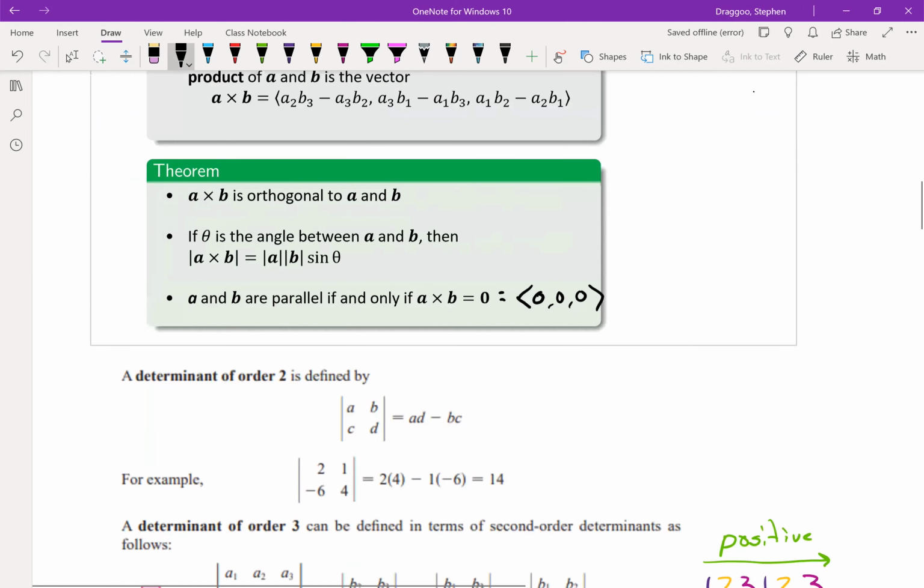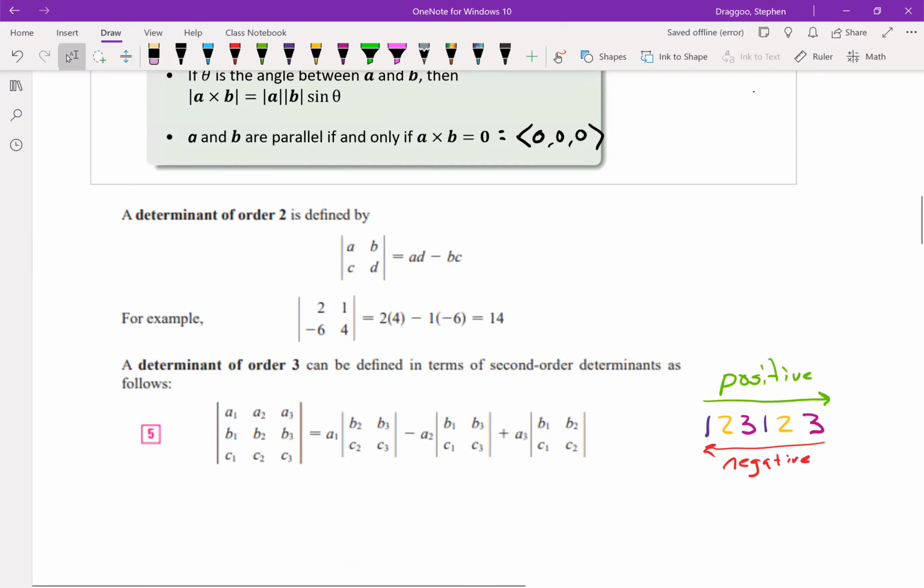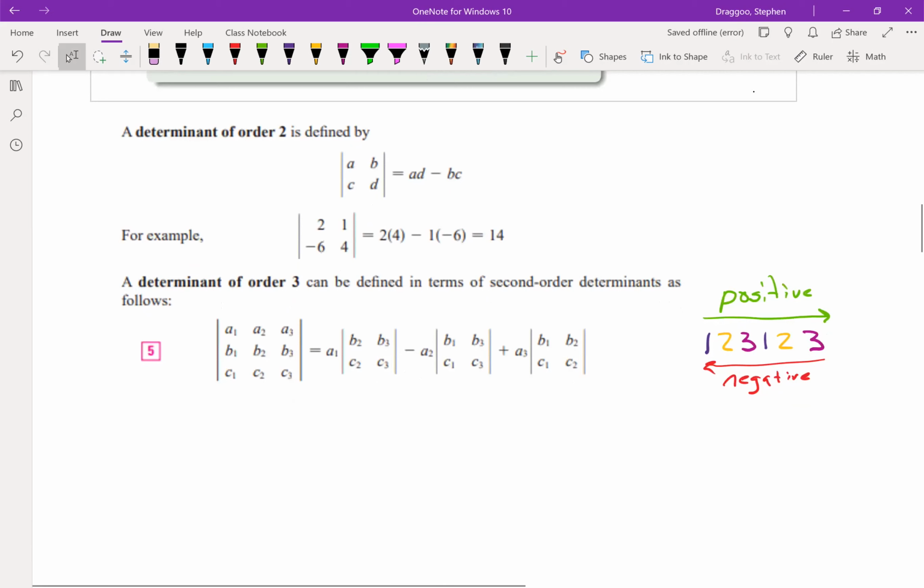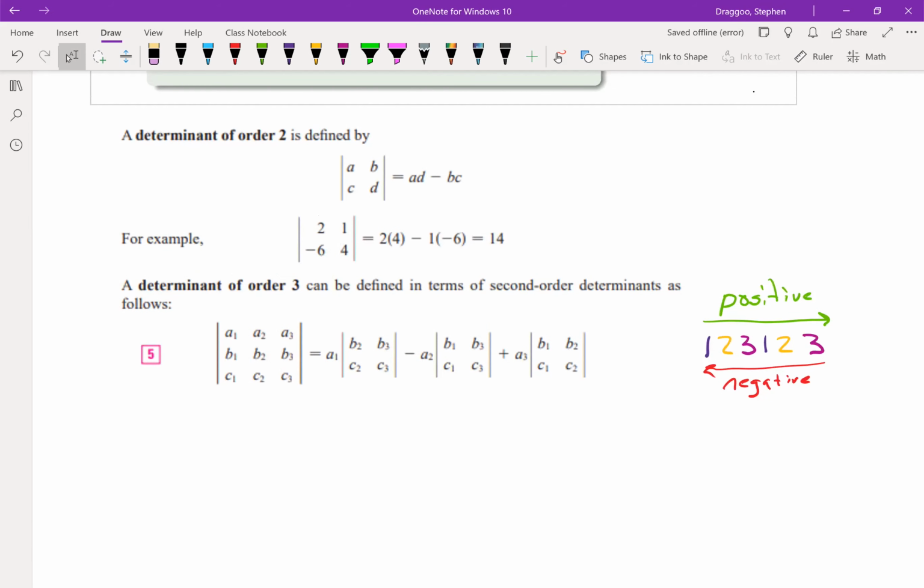So let's move on and discuss determinants of matrices. Probably at least the determinant of order 2 looks kind of familiar to you. If we have the determinant of A, B, C, D, then it is equal to AD minus BC.